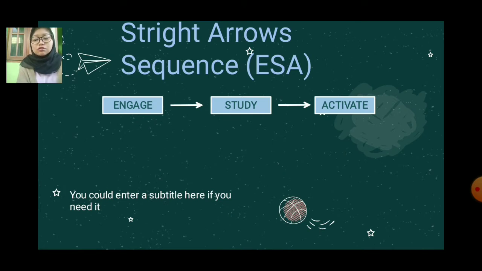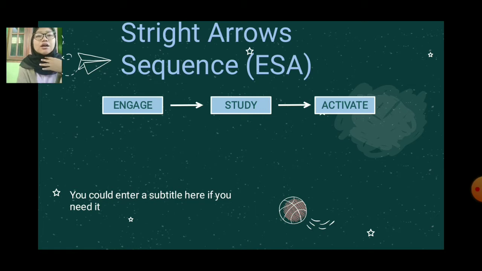Jadi di sini metodenya cuma dimulai dari engage, study, and activate. So the teacher gets the class interested and engaged, then they study something, then after that langsung aja ke activate-nya gitu, langsung di activate gitu.